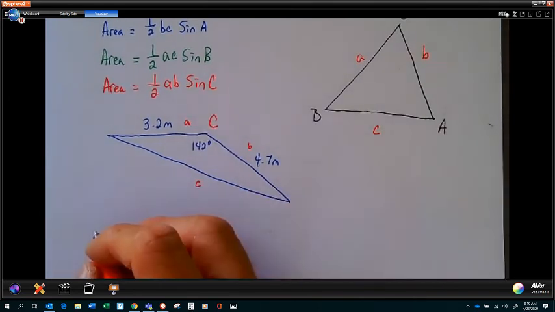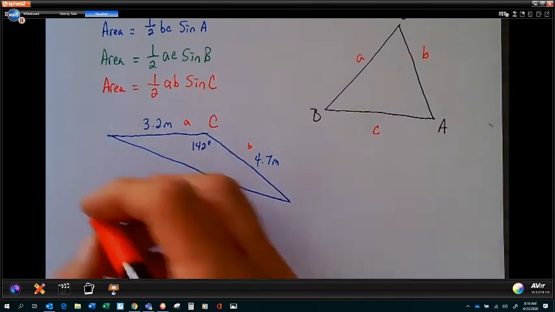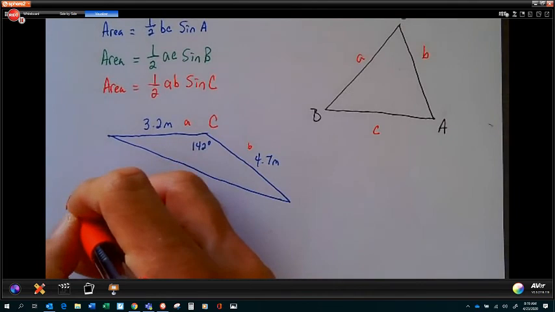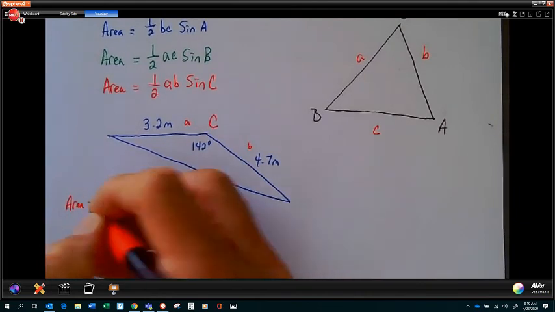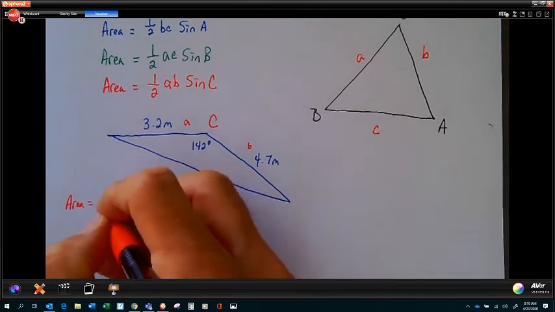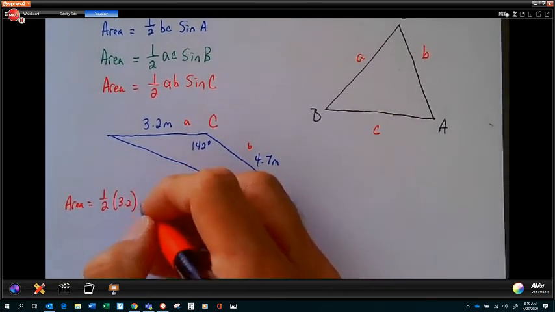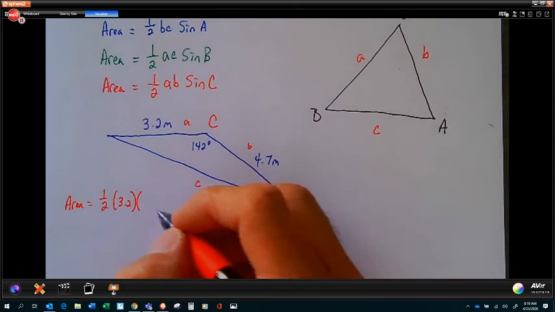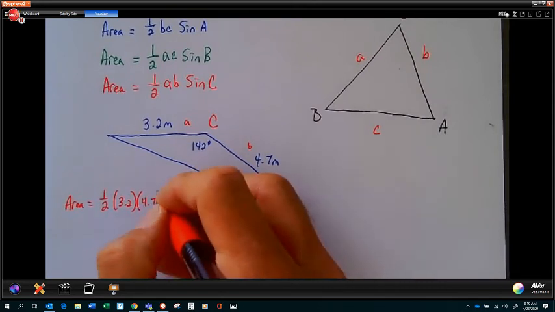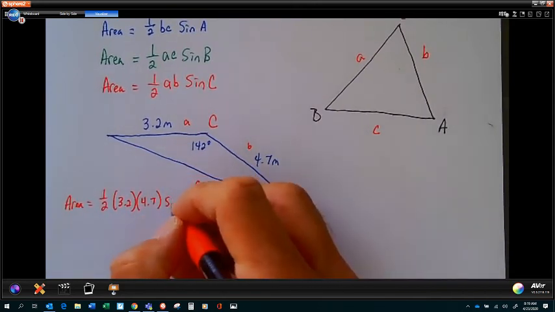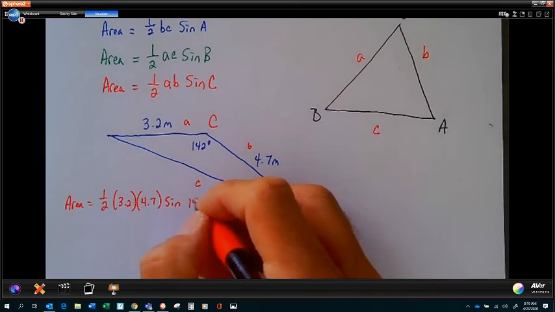The first thing we do is substitute everything in. Again, the area is equal to 1/2 times A, which is 3.2, times B, which is 4.7, times the sine of 142 degrees.